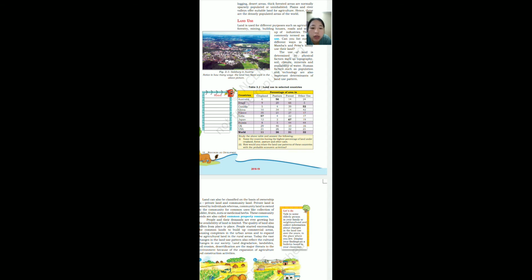Okay, so it is India with the highest amount of cropland. The land use in India is highest in cropland, and in pastures it is Australia.